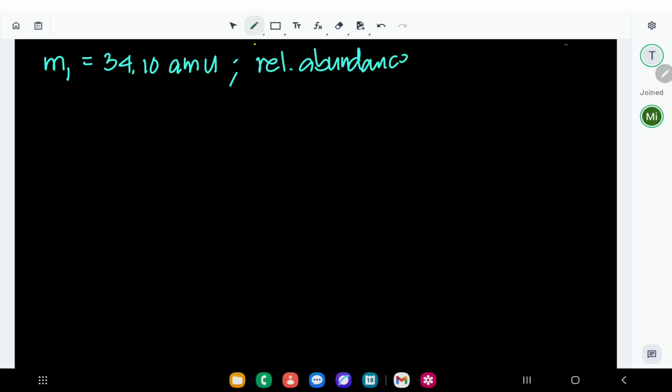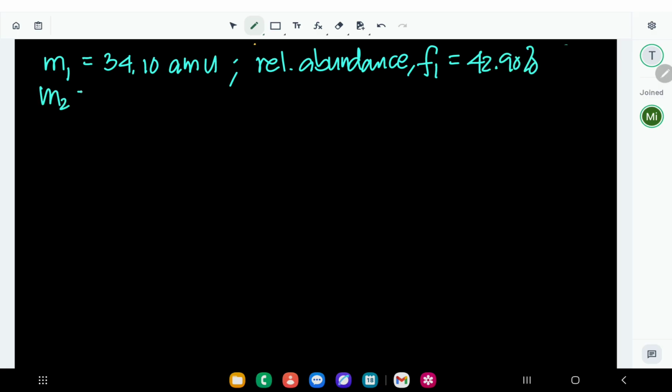take note of the given values first. Isotope 1: the mass is 34.10 atomic mass unit, and relative abundance, let's denote it as F sub 1, is 42.9%.